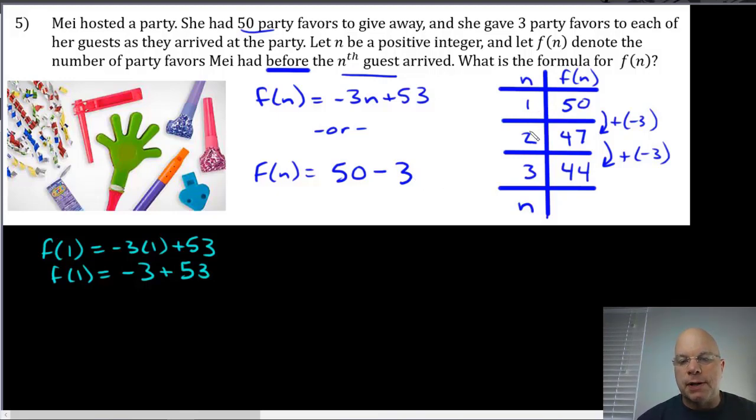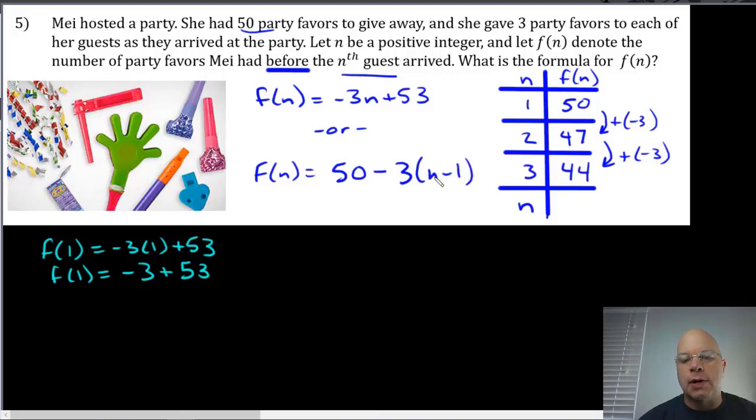Let's just pick, like, when n equals 2, for example. If we did 3n, it would be 3 times 2. We'd be subtracting 6 from 50. But we know by the time we get to the second term, we're only subtracting 3. So we don't want to multiply this 3 by n. We want to multiply it by 1 less than n, or n minus 1.